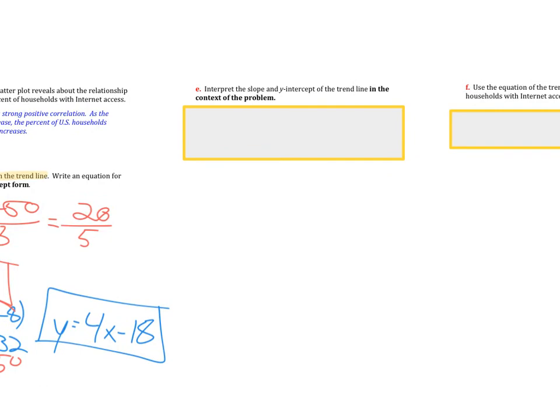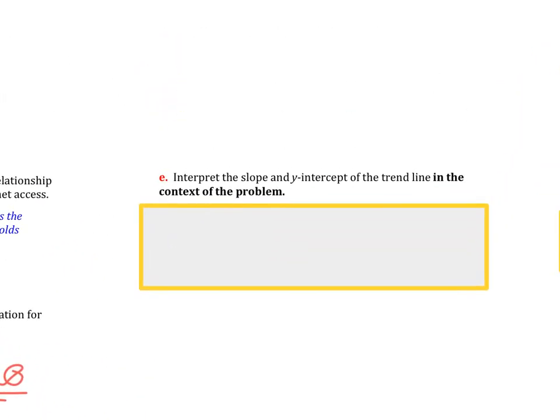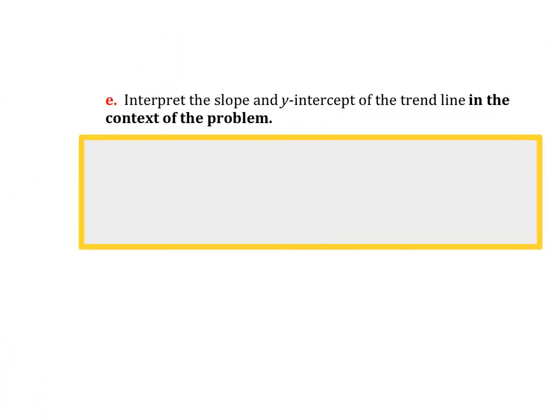All right, next up, interpret slope and y-intercept in context of the problem. Well, there's two facets here. First off, slope. Slope is universally going to be your rate of change. So since we have a positive slope, that means we are increasing year by year.